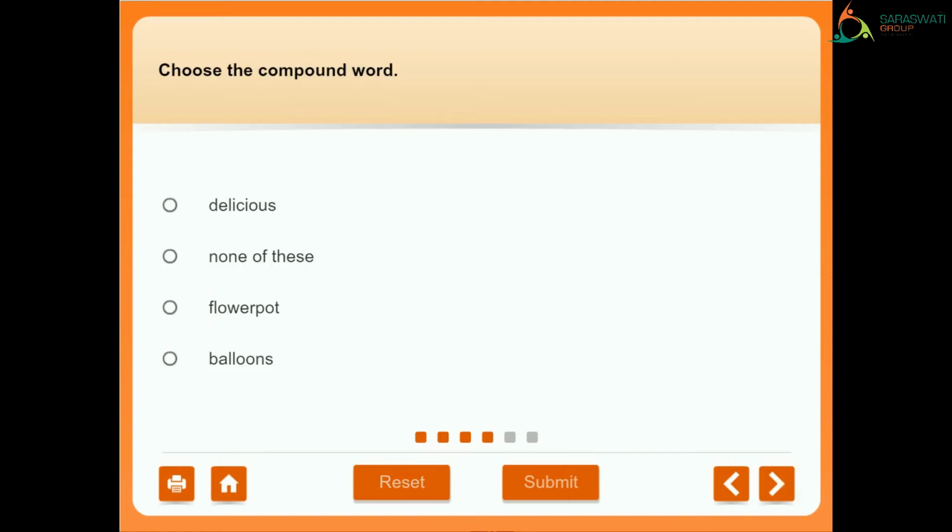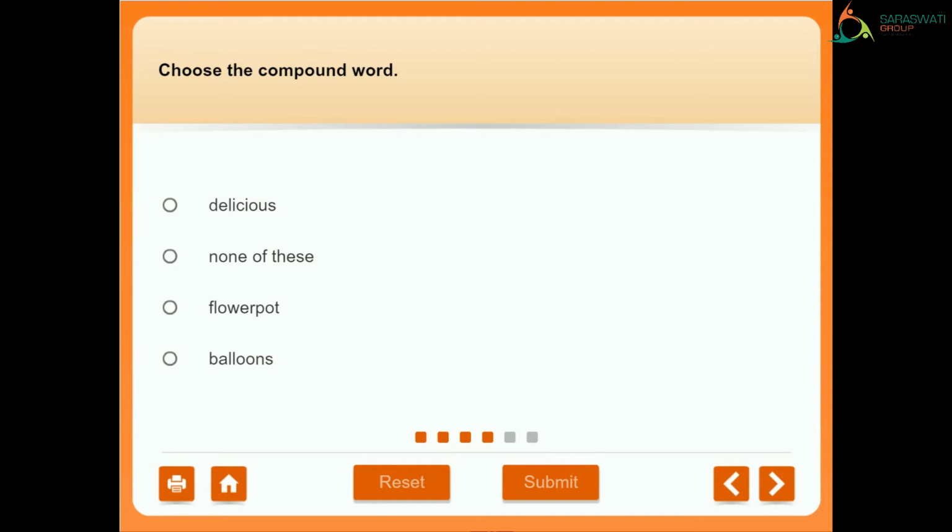Let us see which are the next words given to us. Choose the compound word. Let us go through all the four words: delicious, none of these, flower pot, balloons. Delicious, no. None of these cannot be the answer.